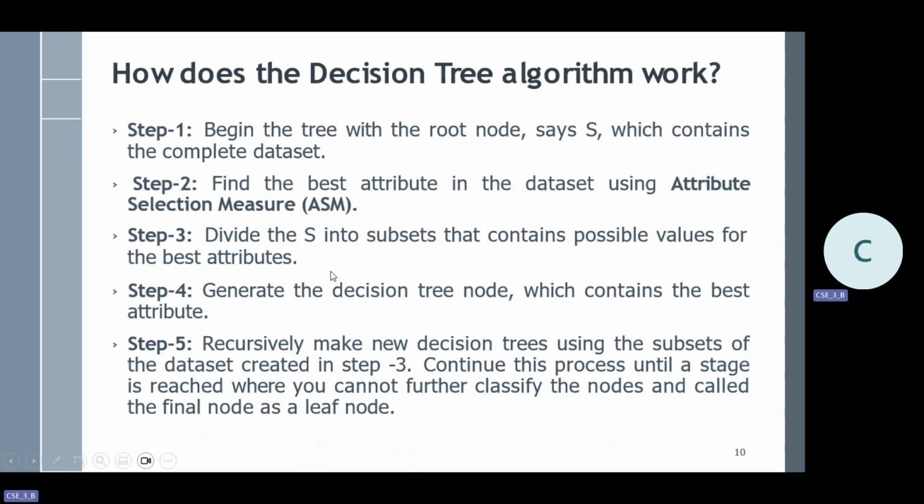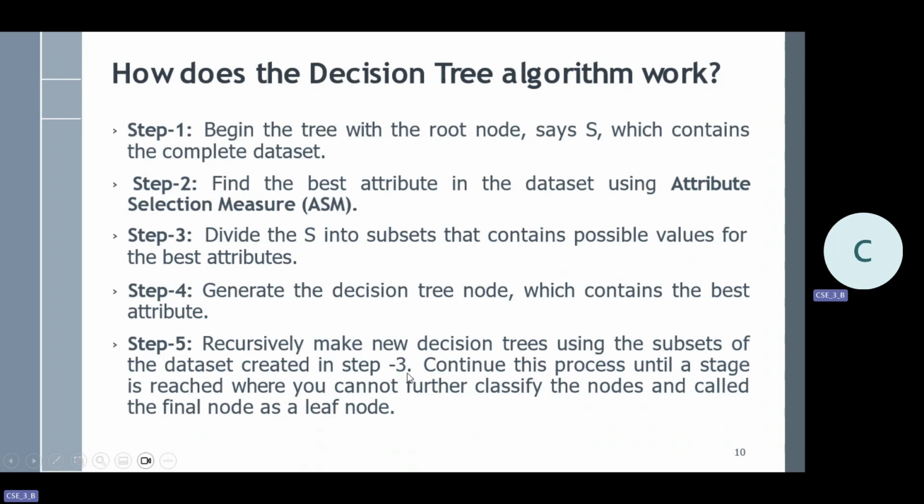Next, we divide the root node into subsets that contain the possible values for the best attribute. Next step, generate the decision tree node which contains the best attribute. Fifth step, recursively make new decision trees using the subsets of the data set created in step 3.